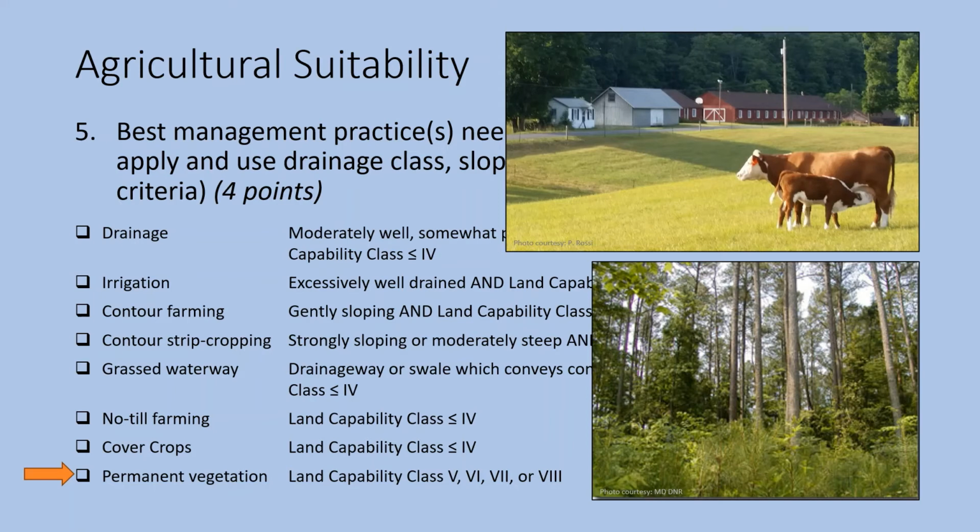We don't want to be tilling it. Partly, it could be subject to really high erosion rates. It may also have a lot of rocks, or because of the steepness, it's difficult to get agricultural equipment in there. So permanent vegetation could be, like in this picture, a pasture or a hayfield. It may also be woods or wetland, depending on the characteristics of the site.